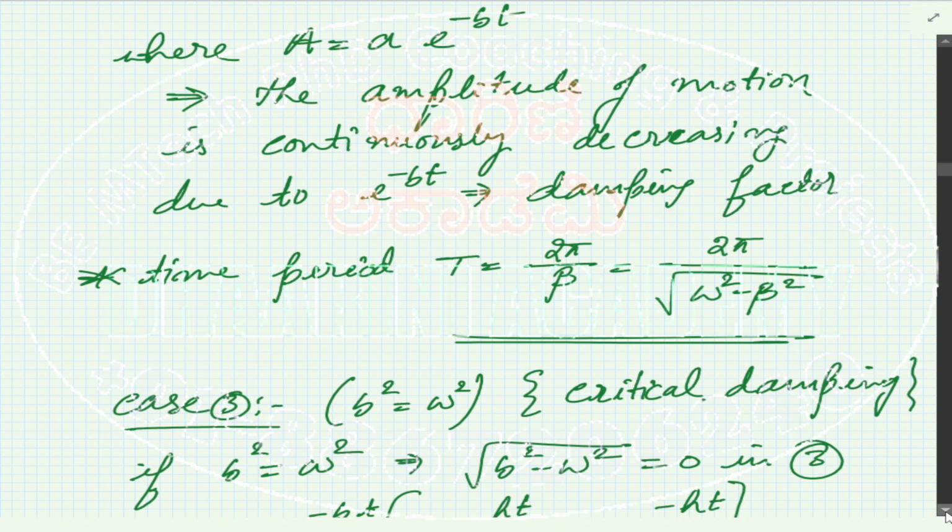Next, let's take the third case, where beta square and omega square are equal.